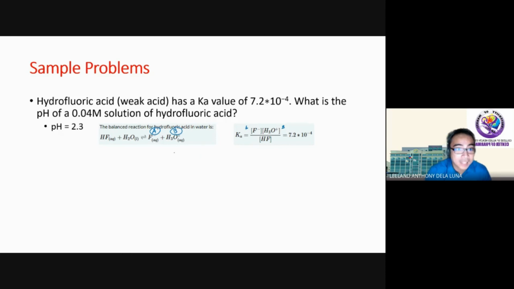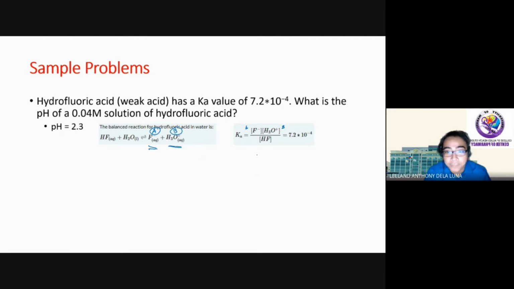Okay? Now, class, this is hydrofluoric acid, which is a weak electrolyte, a weak acid. Okay? Now, class, ang reaction niya kasi, if it's combined with water, it tends to separate into ito na nga, ito yung conjugate base and its acid. Okay? Now, of course, each of this will have its own respective hydrogen concentrations.